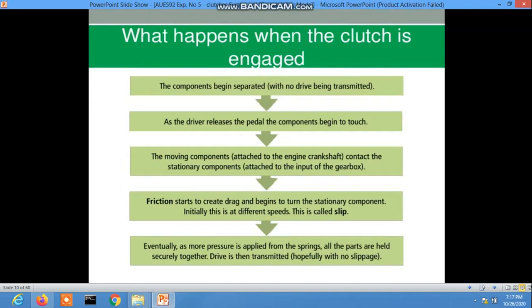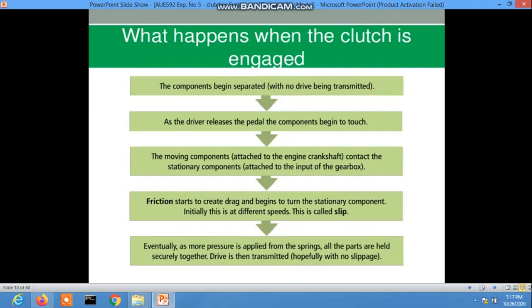As the driver releases the pedal, the components begin to touch. Then the moving component attached to the engine crankshaft contacts the stationary component attached to the input of the gearbox.